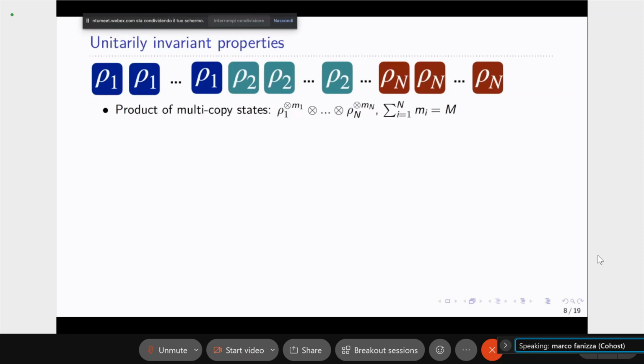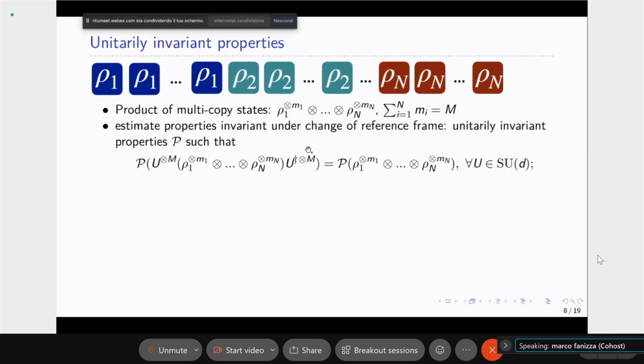So every time we have a product of multi-copy states, where we have a collection of states appearing a certain number of times, then we may be interested in estimating properties which are invariant under change of reference frame. And we model these quantities as unitarily invariant properties, such that they are invariant under the action of the tensor product representation of the special unitary group.